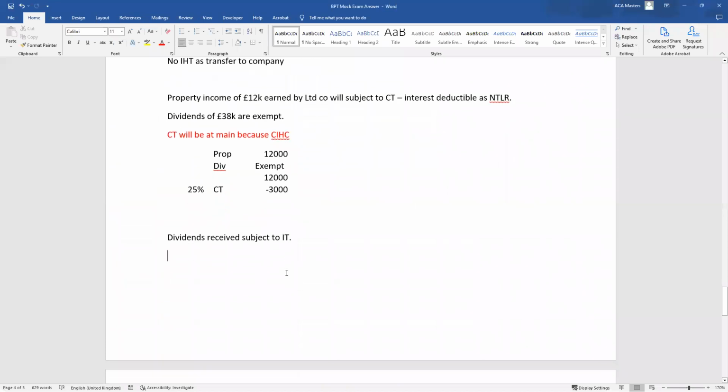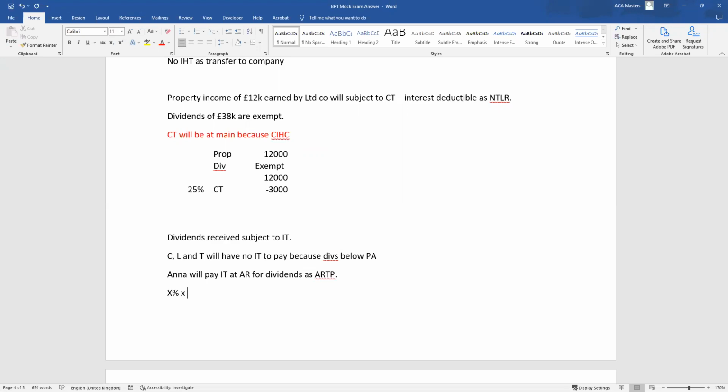So we could put, Kira, Lexi, and Ties will have no income tax to pay because dividends below personal allowance. And then we could put Anna will pay income tax at additional rate for dividends, as she's an additional rate taxpayer. And then you could work out what that would be.